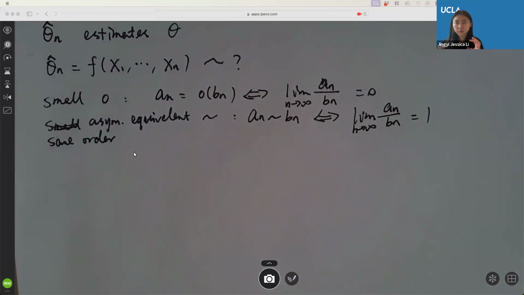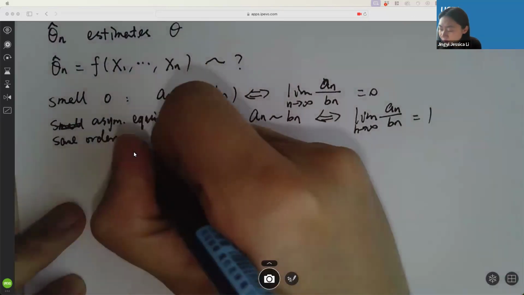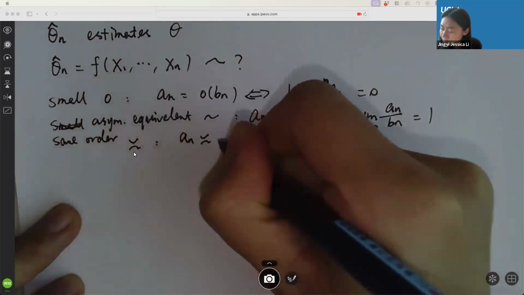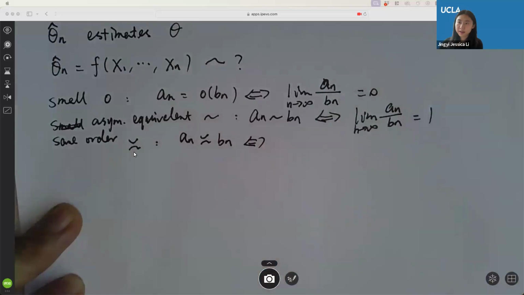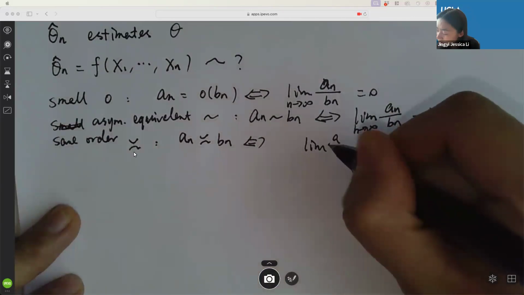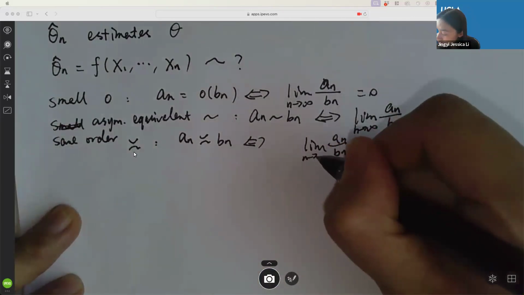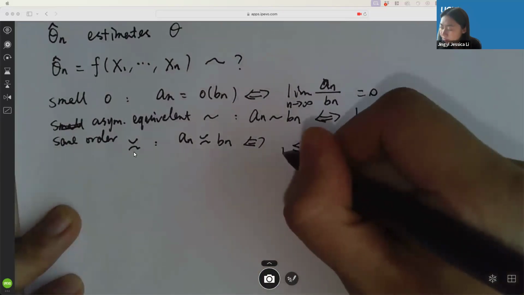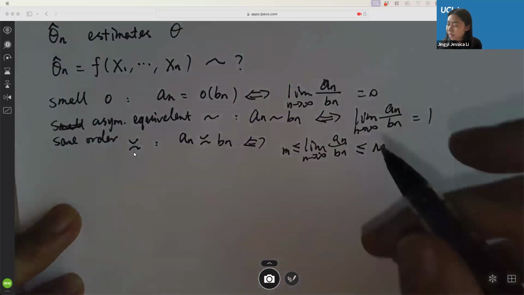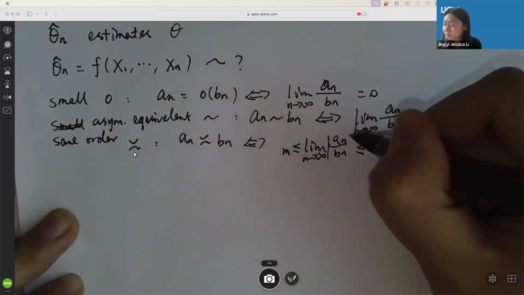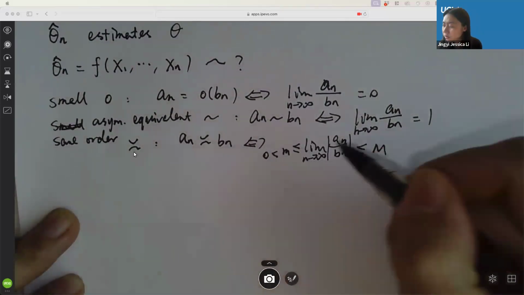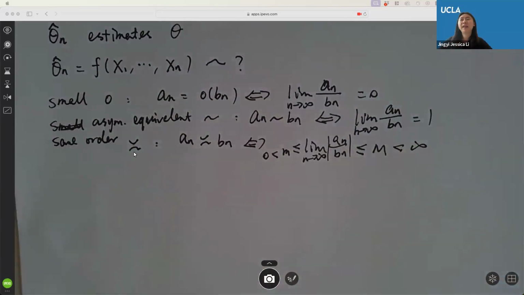Same order is more relaxed than asymptotic equivalence. When we write an same order as bn, this implies that the limit of the absolute value of an over bn is bounded, away from 0 and infinity.